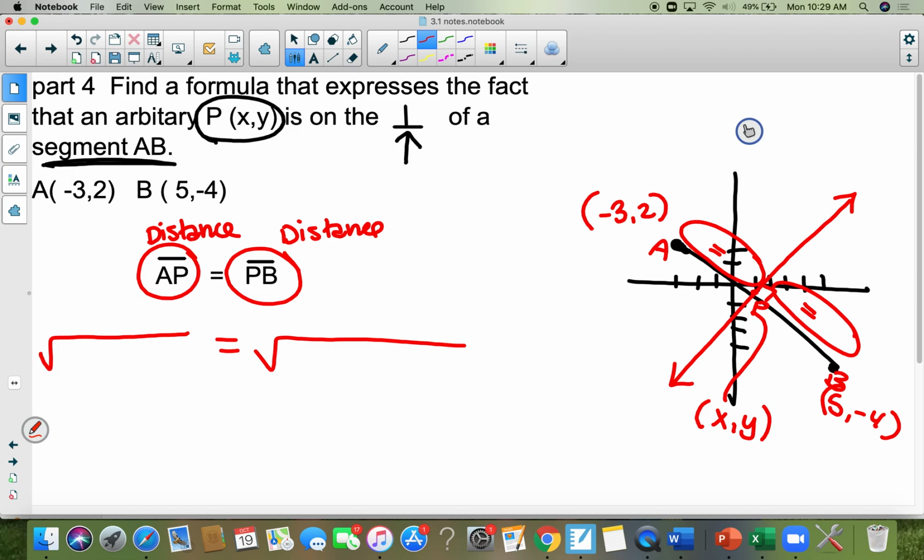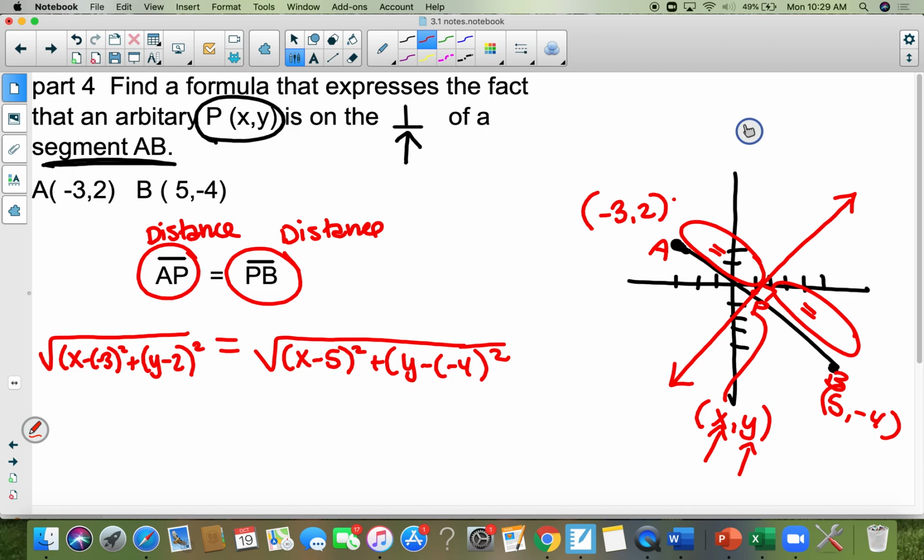So we are going to have variables on both sides, because the distance formula says to take the second x and subtract it from the first x and square it, plus take the second y and subtract it from the first y.